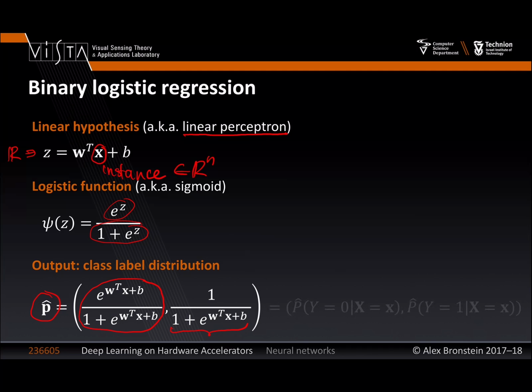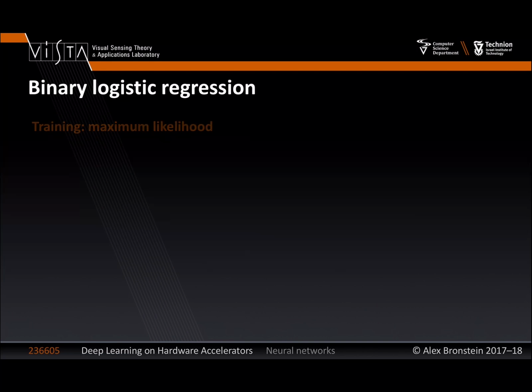So basically I will denote this as my estimation of this conditional probability of the label given the instance. Okay, this is what we did, and the training was done by using maximum likelihood, right?